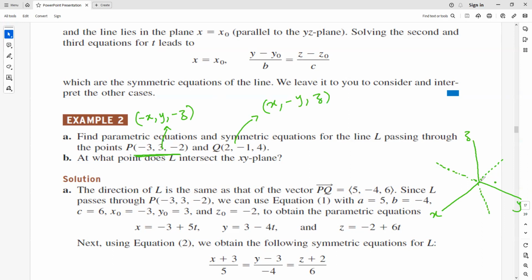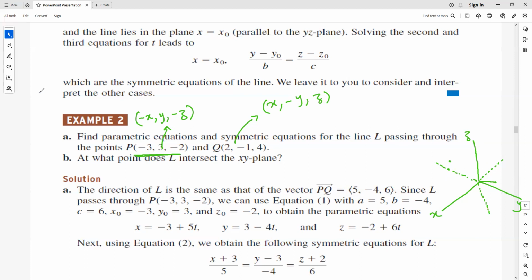If I start from here and draw a vector, it goes downwards and into the screen. The other point is somewhere here, positive X, so it comes out of the screen, but in the left direction: positive X, positive Z, but negative Y.